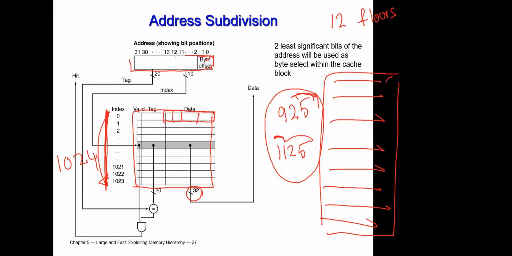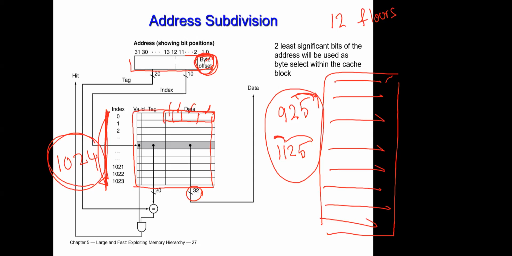So with this, if I have 4 different locations or 4 different rooms, how many bits do I need to address these rooms? 2, correct? So that's why the first 2 bits here in my address will be used to address which room inside that floor. Since I have 1024 floors, how many bits do I need to address this?